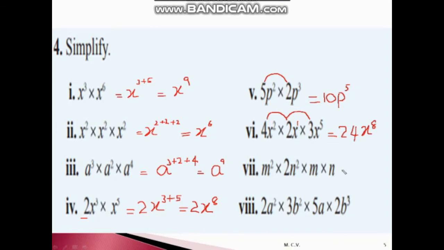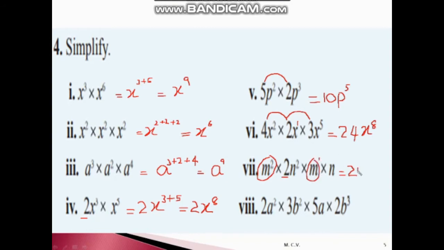First write the number, write this 2 first. Then powers of m: m to the power 2, m means m to the power 1. So 2 plus 1, m to the power 3.